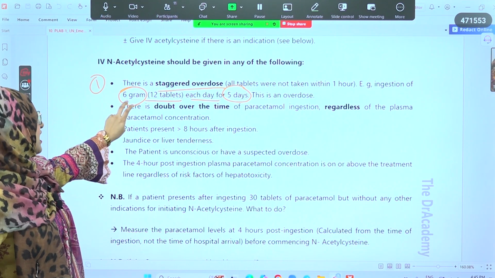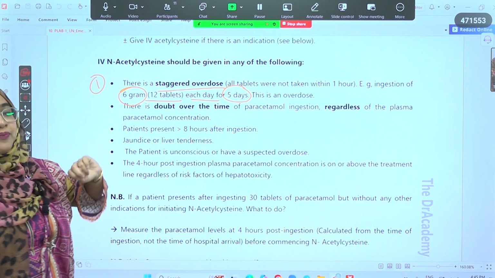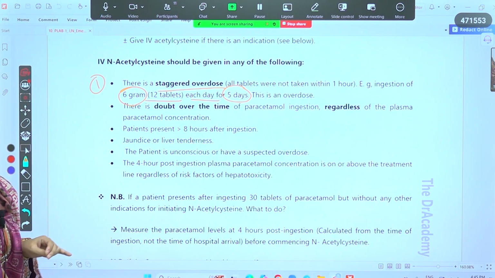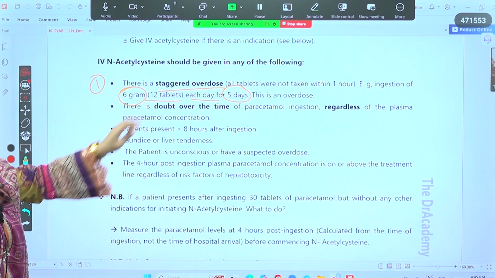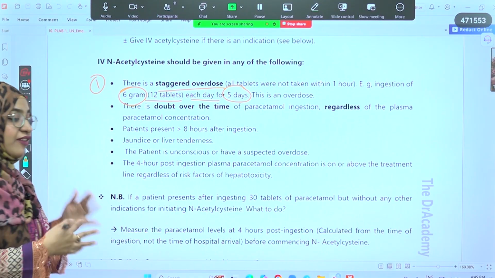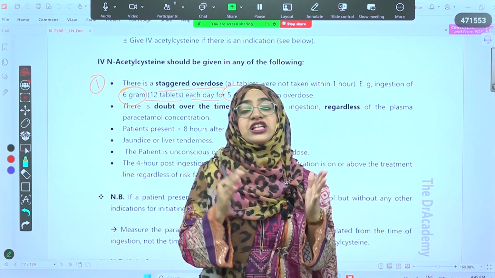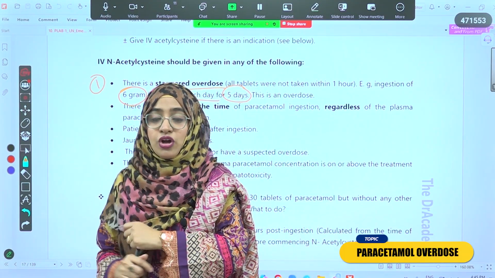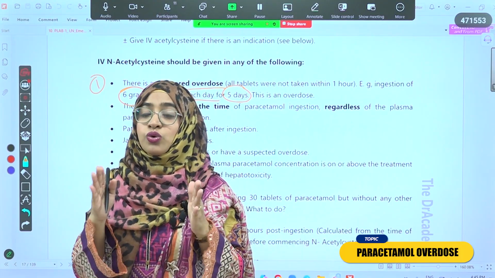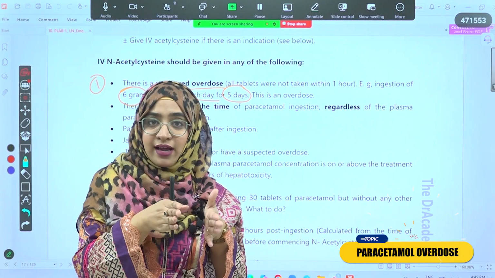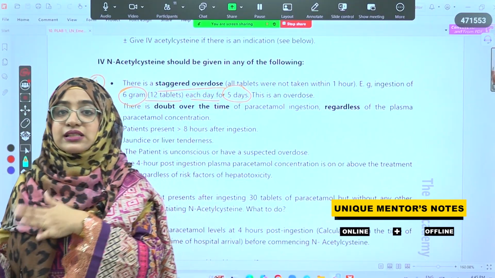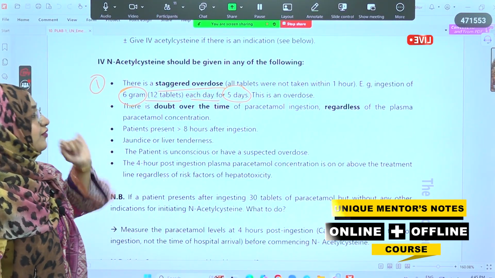This patient has taken 6 gram, but each day for 5 days. That means every day this patient has taken some amount of paracetamol, and he or she has continued this amount for 5 days. That means the dose is low, staggered, but he has consumed it over the 5 days.